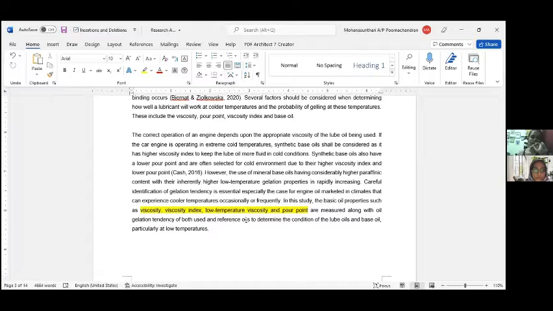But when I was doing my part, I realized that the acid number is not really related to the effect of temperature, so I changed it to the pour point. Okay, pour point.